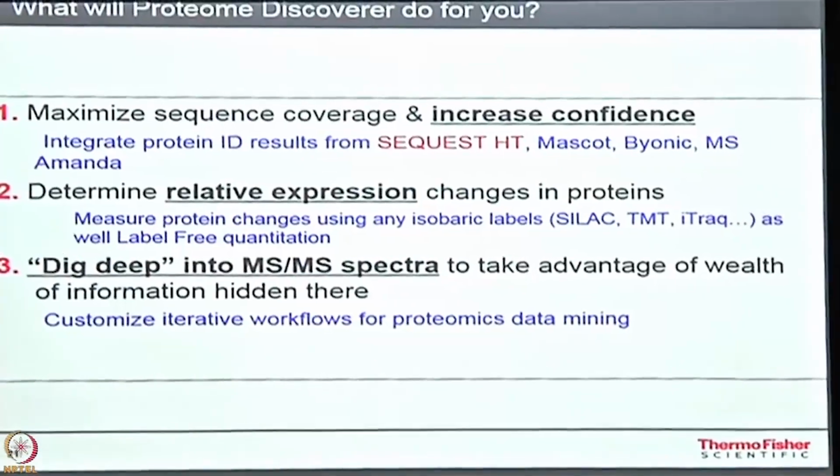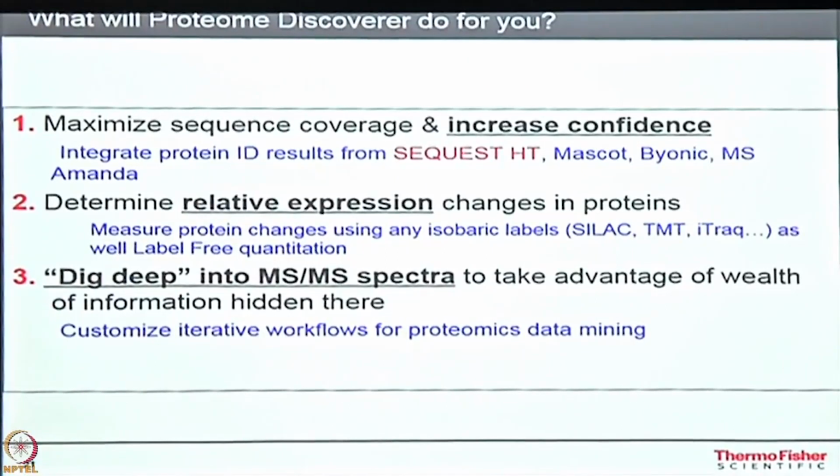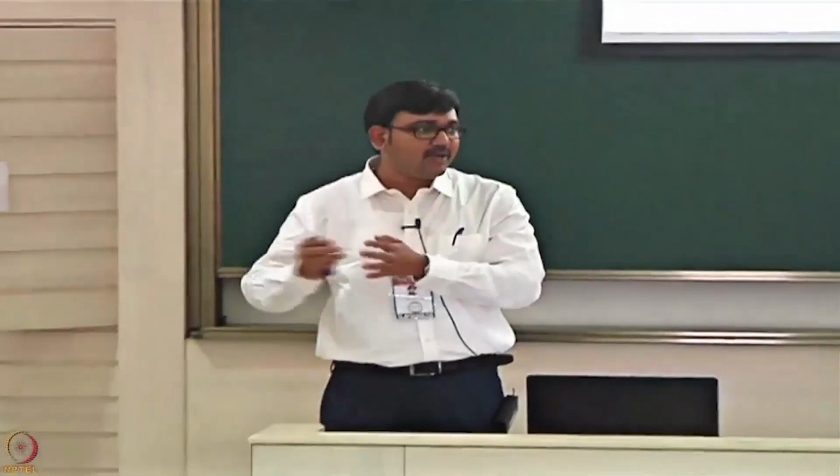So how do these search engines work? When you run a human sample, you get the MSMS data. Now you tell the search engine to extract the proteins, and you set the human database. The search engine will theoretically digest those proteins from the human database and make a theoretical mass list.